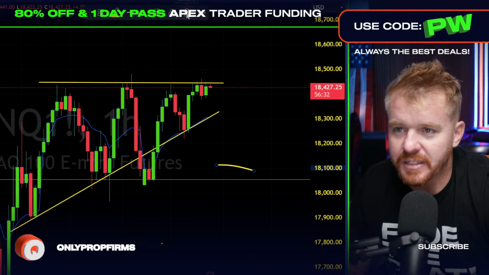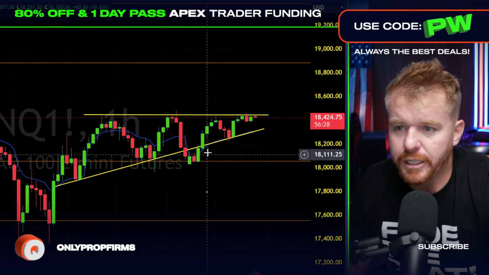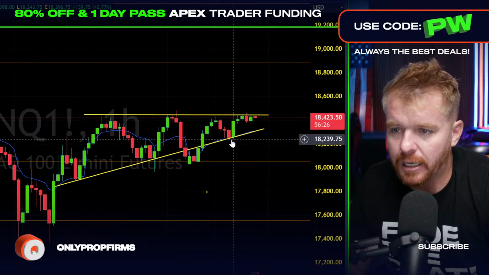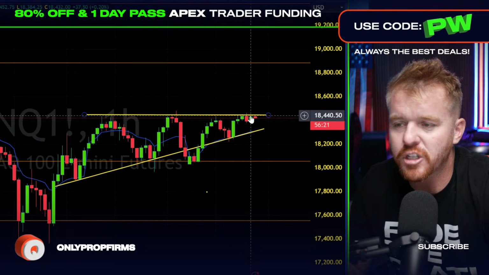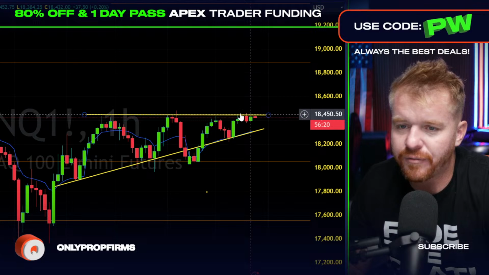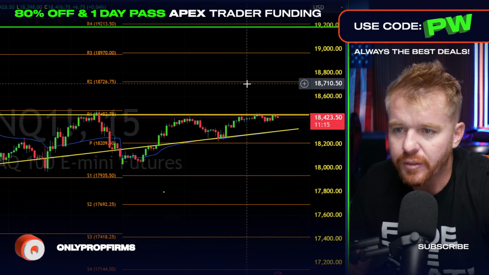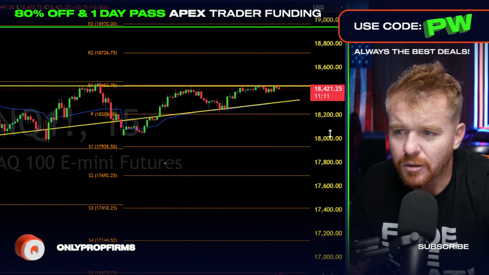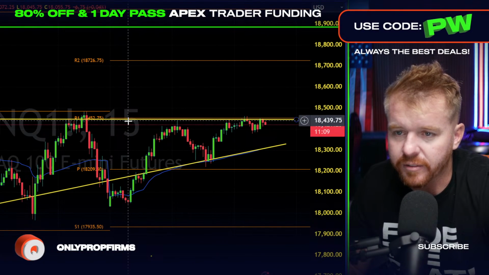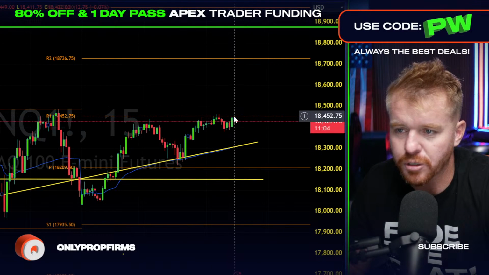All right, Nasdaq. Hourly chart, we got this trend line. We're back above the trend line here, putting in another higher low up here. We're sitting right at this resistance, 18,440 resistance up there. If you go to the 15-minute chart, you can see there's a pivot point right there at 452.